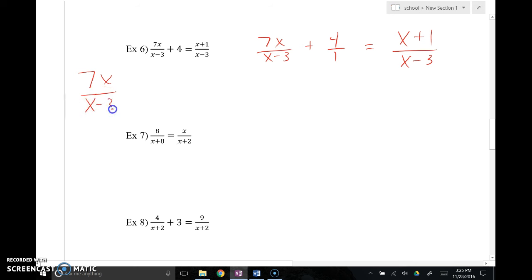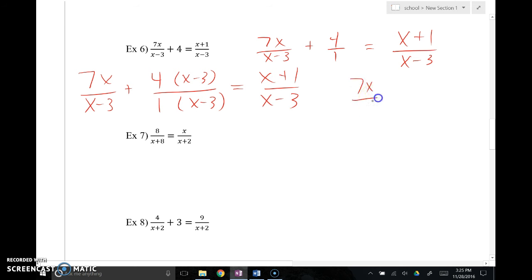7x divided by x minus 3 plus, and now I'm going to multiply by x minus 3 over x minus 3. And that's going to be equal to what's happening over here on my right side. So then that means 7x over x minus 3 plus, distribute, 4x minus 12 over x minus 3 equals x plus 1 over x minus 3.